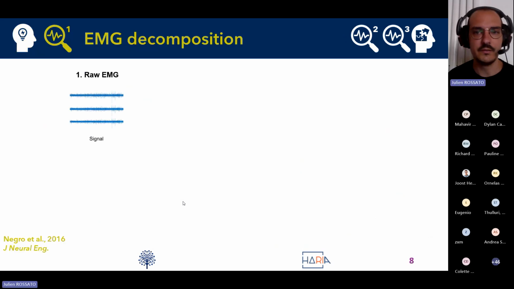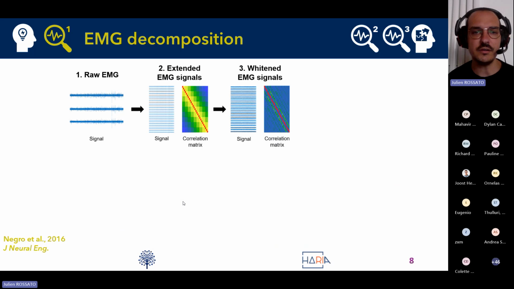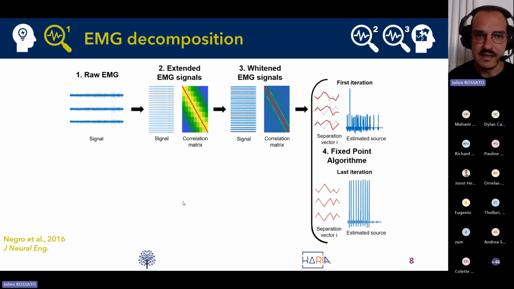First, the decomposition algorithm. It works in several stages. First, the signal undergoes an extension to increase the efficiency of the software, and a whitening, which is a filter reducing the autocorrelation matrix of the signal. Then we use a fixed point algorithm to extract an independent source from the signal.